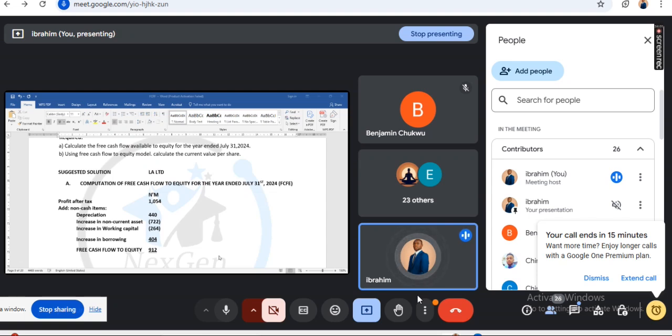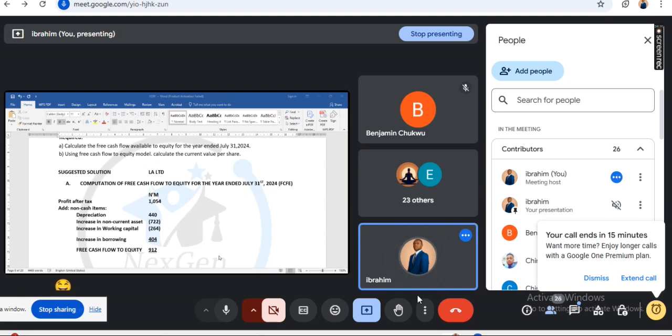My cash flow will decrease, because I'm using this working capital to pay my suppliers and my debtors. As you are paying these people, will the cash still remain with you? No, Benjamin. It will reduce your cash flow.